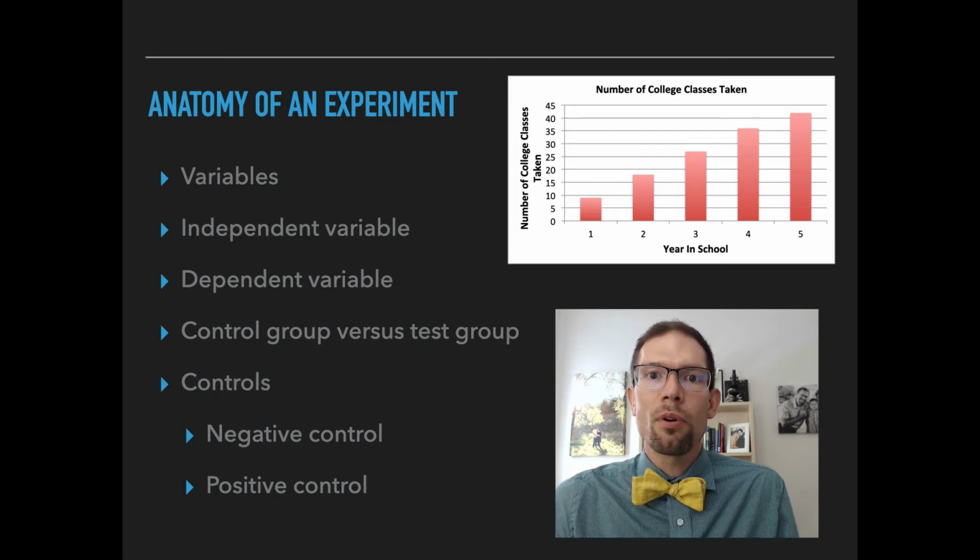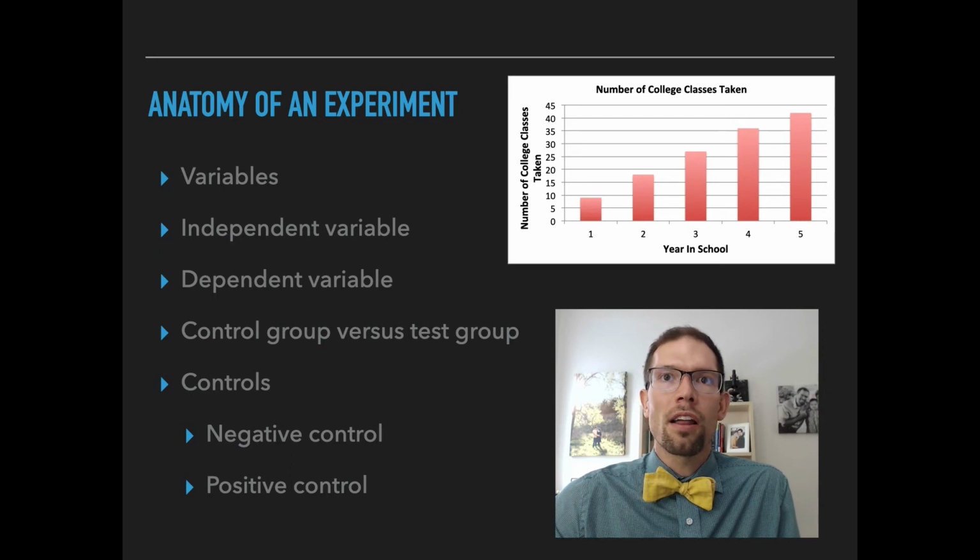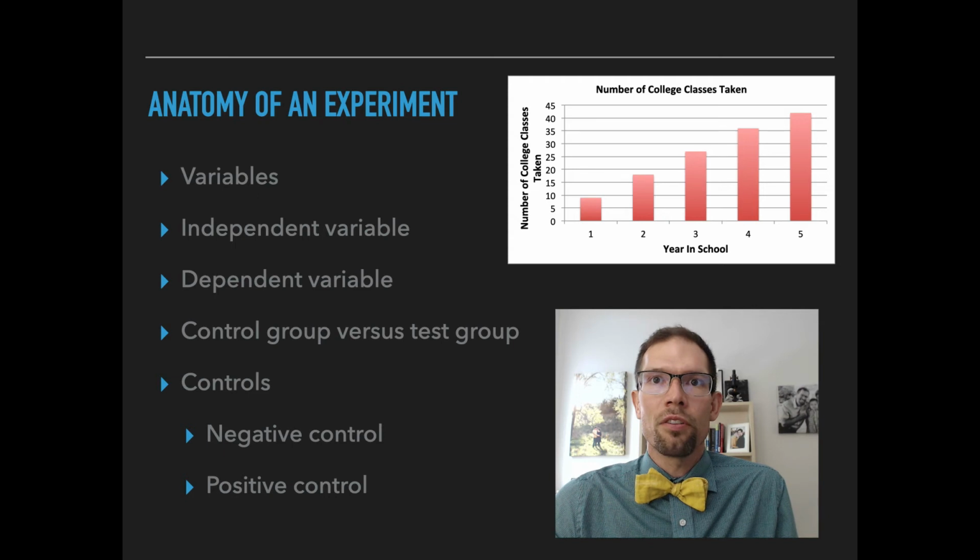Every other variable that could potentially change is a potential confounding variable that you want to make sure that you don't change. If you take a look over here on the graph on the right, you'll notice that on the x-axis going horizontal, we have the year in school, and on the y-axis we have the number of college classes taken.